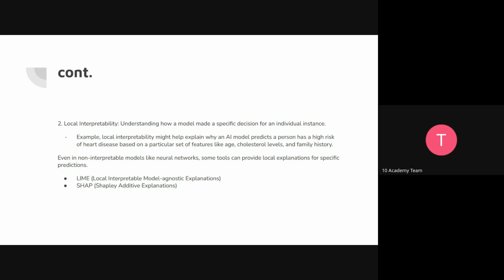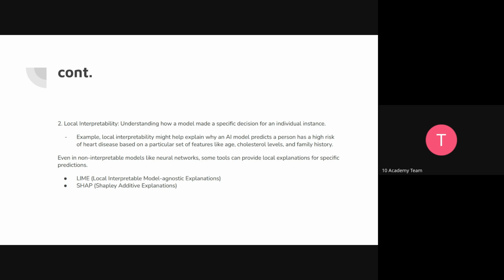And this is a simpler way. You don't need to understand all of its inner workings, or how it arrives at its decisions in general, but you need to understand it for a particular instance.